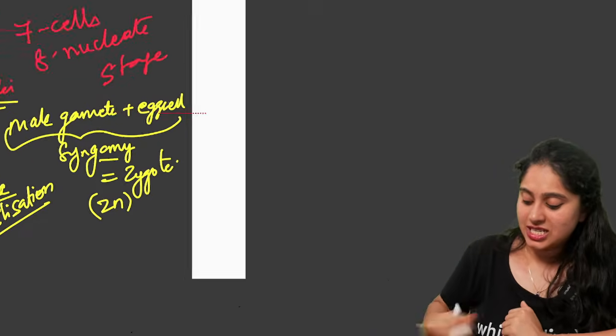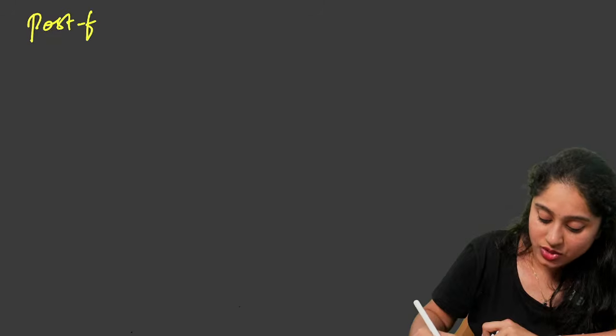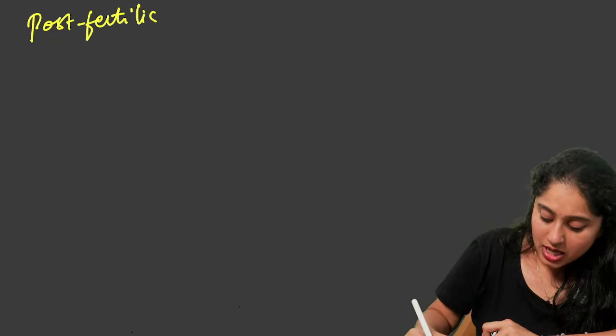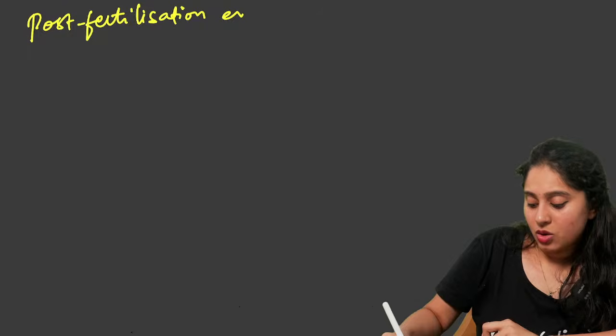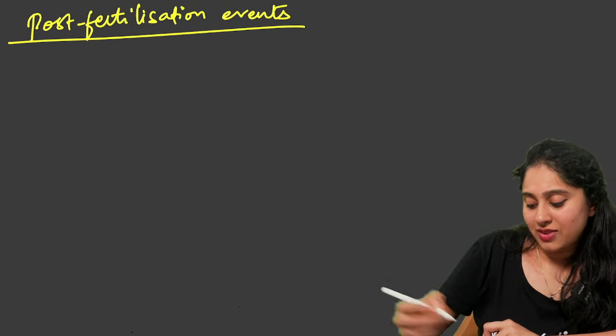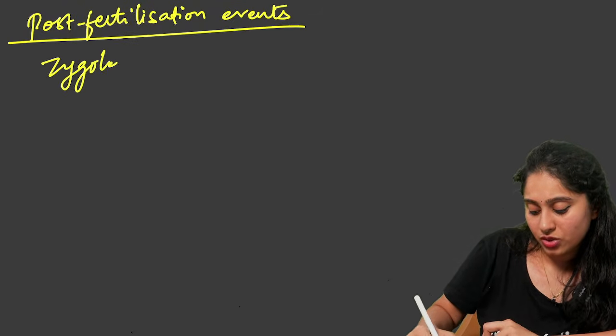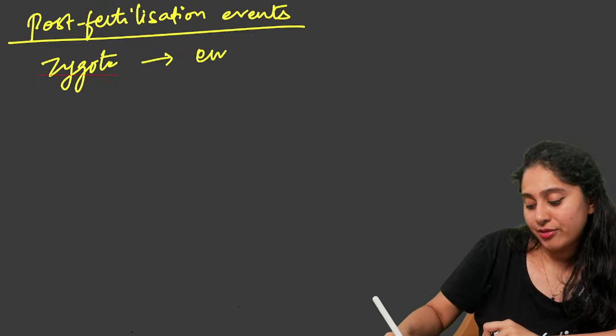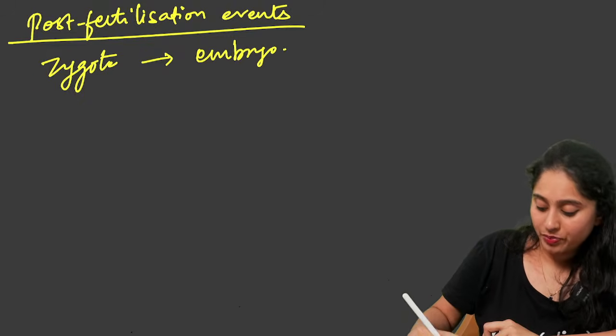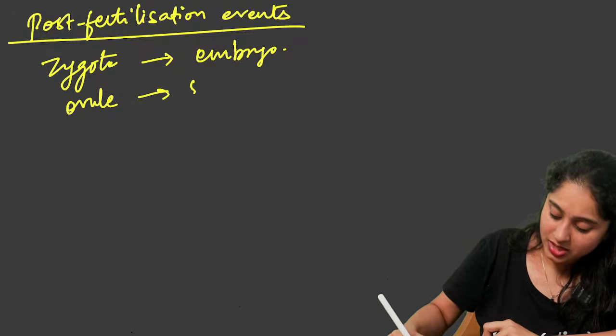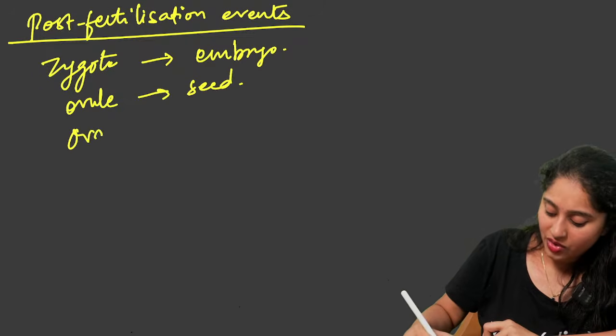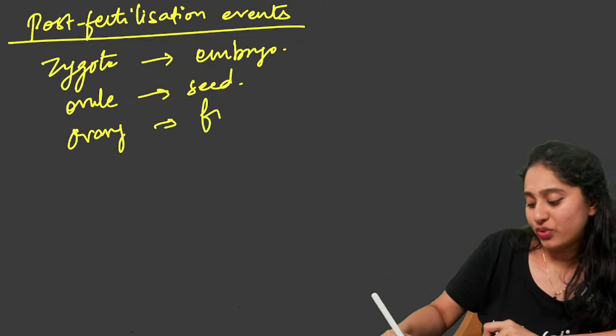Once the double fertilization is complete, it will enter the post-fertilization events. What are the post-fertilization events? My zygote will now mature and form the embryo. The ovule will form the seed. My ovary will form the fruit.